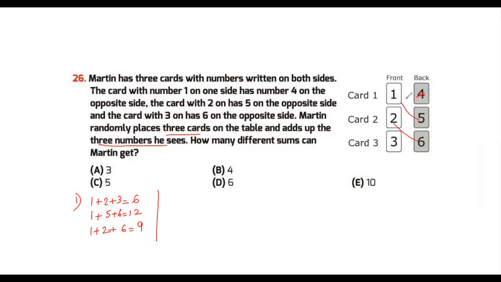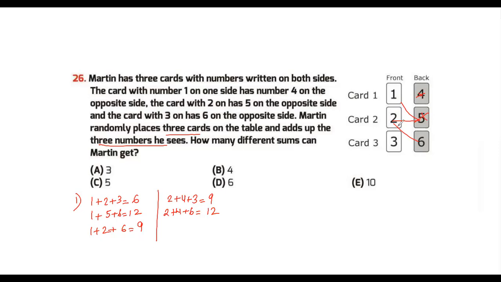Now let's just try with the 2. So we've already done 1, 2, 3. So you need not do 2, 1, and 3 because we'll get the same total. So what can I do? I cannot use a 5 with 2. So it will be 2 plus 4 plus 3. So this is 5 plus 4, which is a 9. Or I can do 2 plus 4 plus 6, which is a 12.